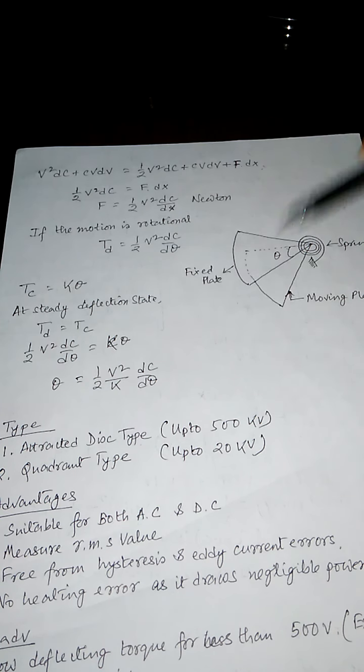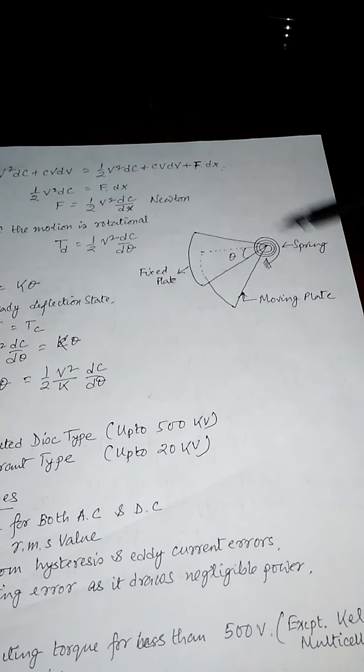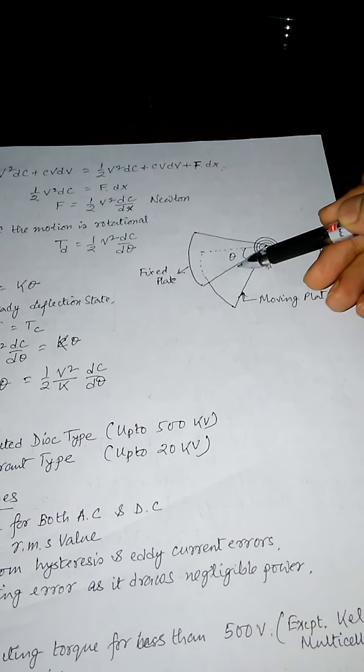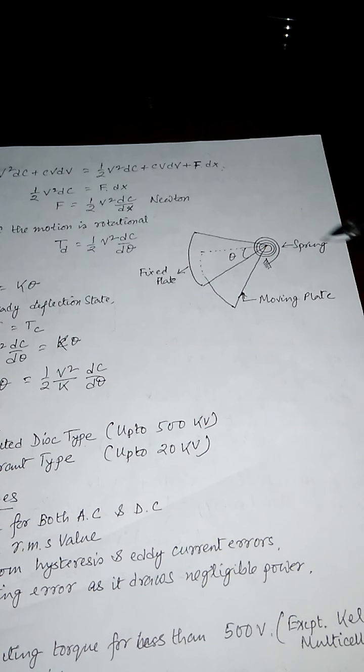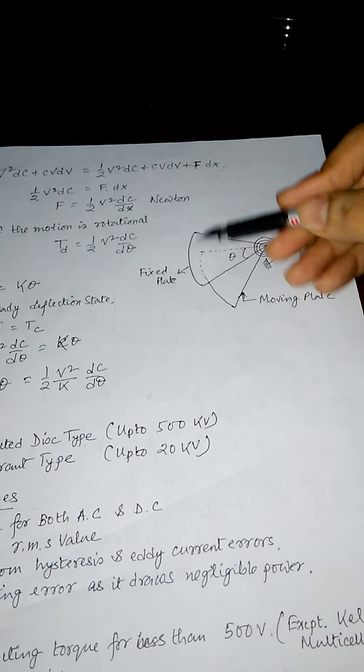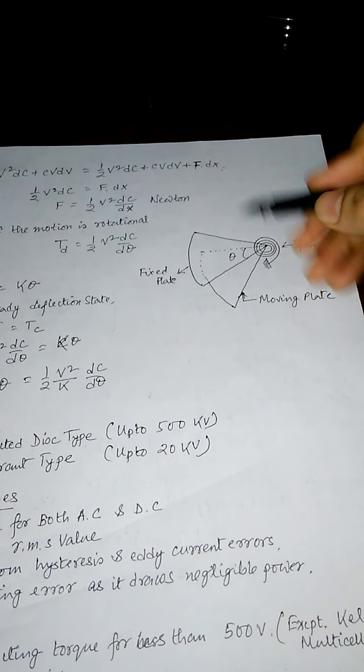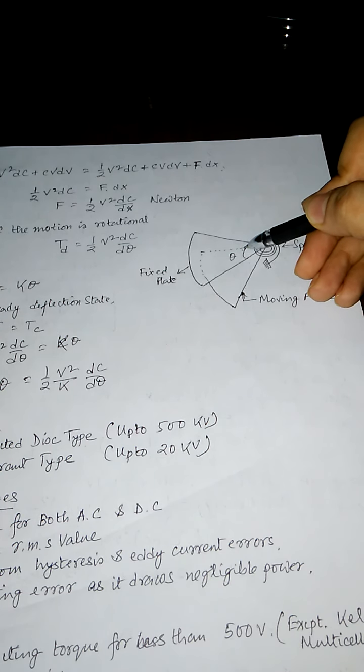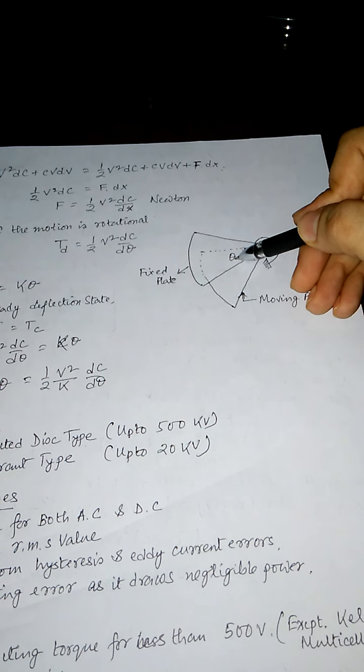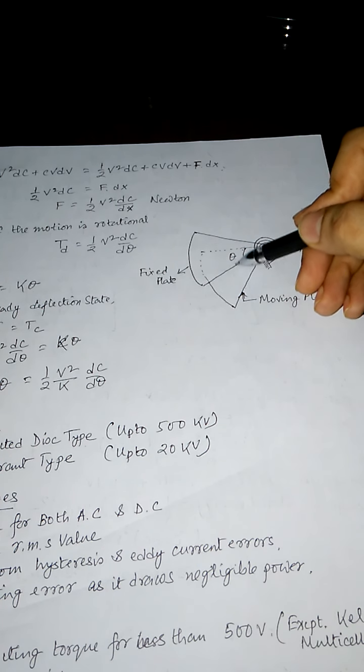Now if we are considering a rotational motion, see this diagram, suppose this is the fixed plate and this is the moving plate and the spring is attached here, and the moving plate is moving in a rotational motion, that means there is an angular motion, the angle is theta.